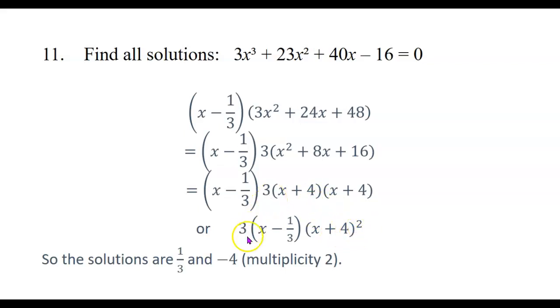So we have 3 times x minus 1/3 times x plus 4 squared. So the zeros of that polynomial, or the solutions to that equation, are 1/3 and negative 4 with multiplicity 2. So we didn't get 3 different solutions, but counting multiplicity, we did get 3 solutions: the positive number 1/3, and then the 2 negative 4s.